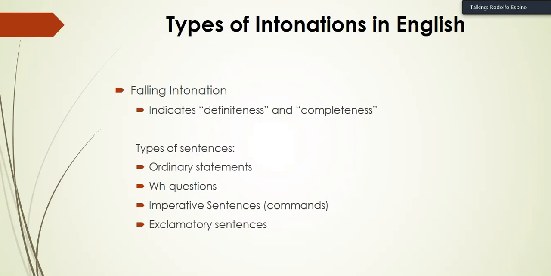He plays soccer, and then I drop the intonation at the end. WH questions. Okay? In WH questions, you don't raise your intonation. You say, for example, oh, what's your name? What's your name? I don't say what's your name? No. What's your name? And then I drop the intonation at the end.